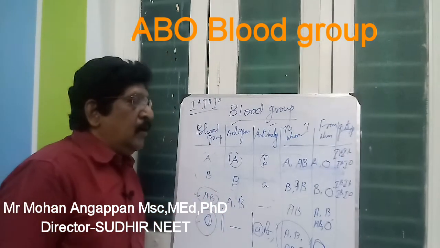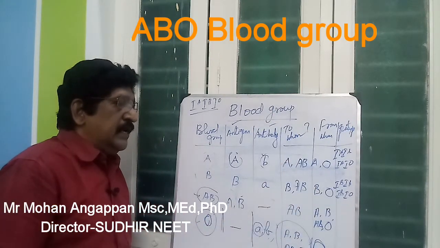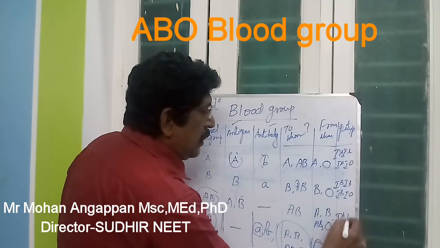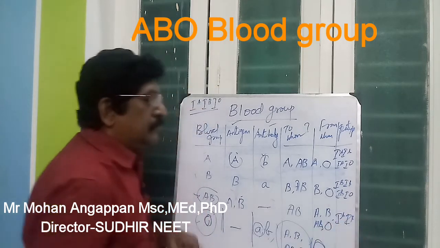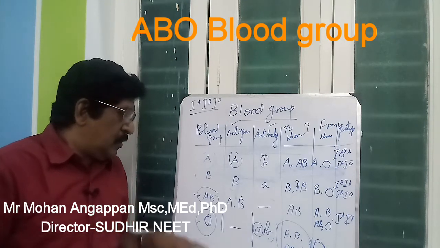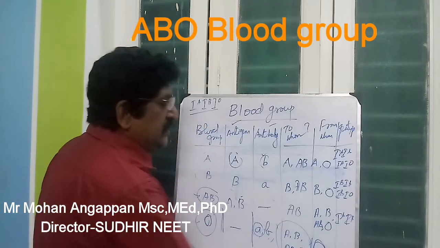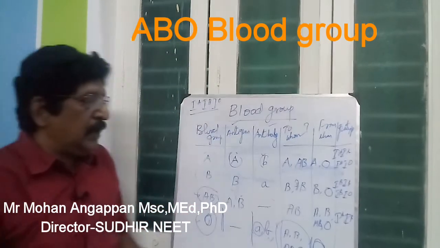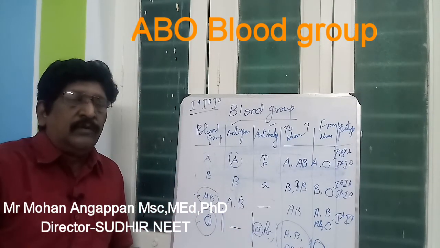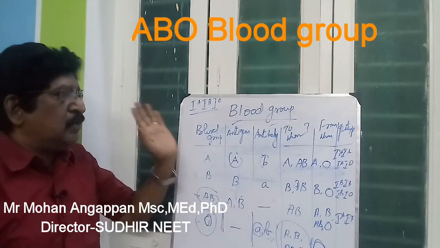IB IB is homozygous dominant and IB I0 is heterozygous. For AB group, IA IB, both are dominant, codominant. For O group, I0 I0, recessive. Only one type of genotype, I0 I0. So, this table you must know.